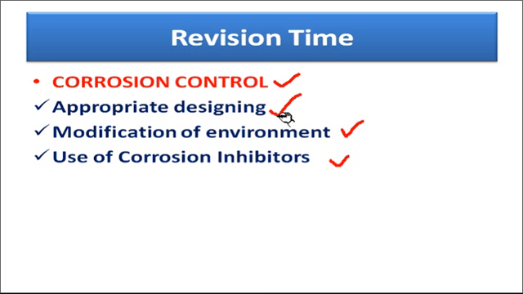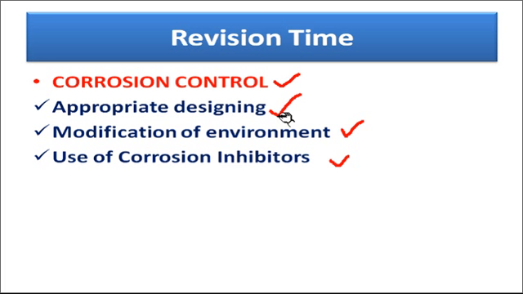If direct contact is unavoidable, then the metals should be selected in such a way that their electrode potential difference is minimum. Secondly, the anodic metal should be large and the cathodic metal should be small. Thirdly, proper insulation should be used between the two dissimilar metals to avoid corrosion.